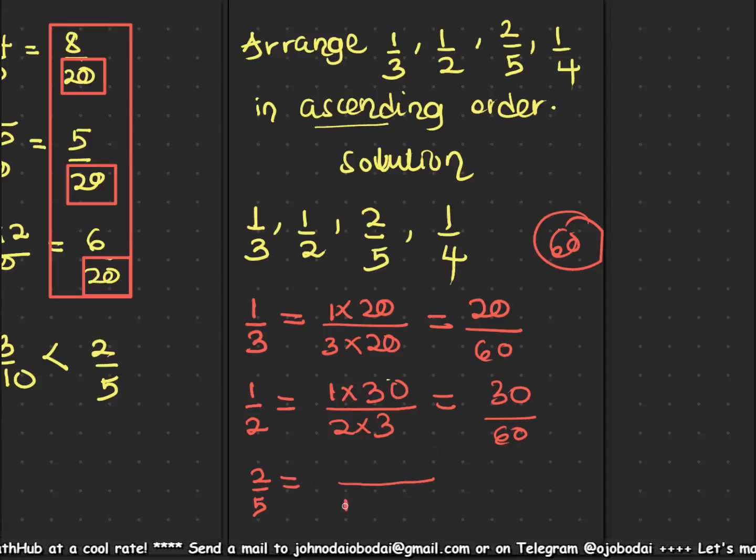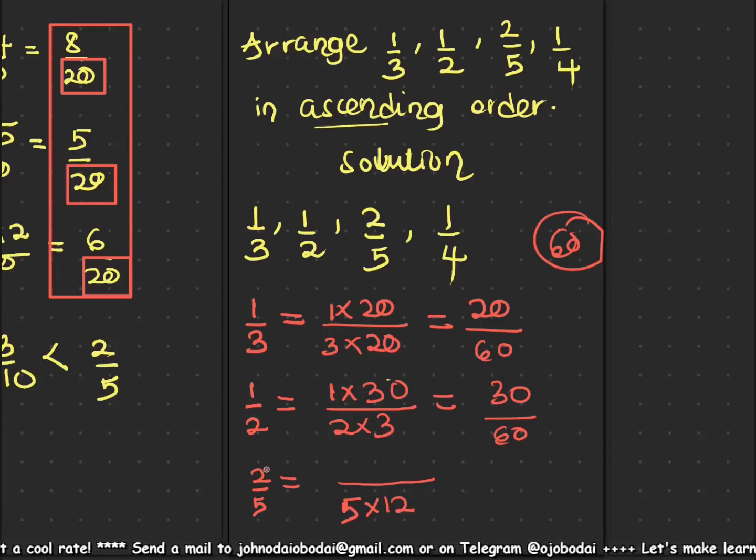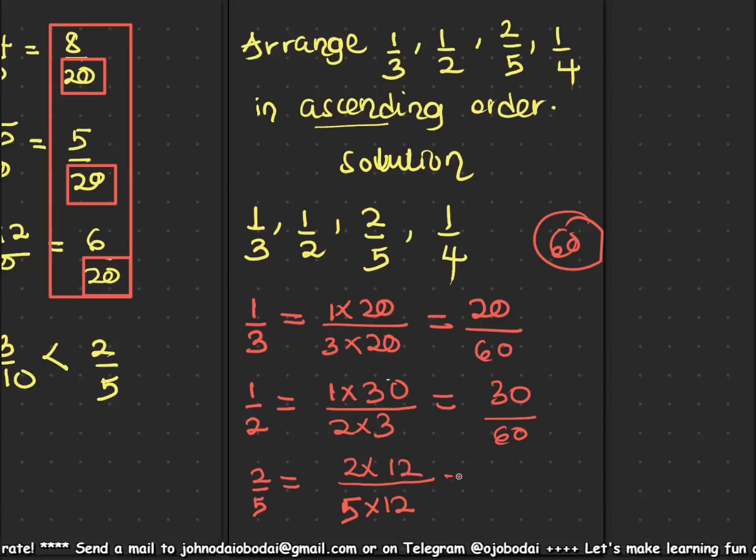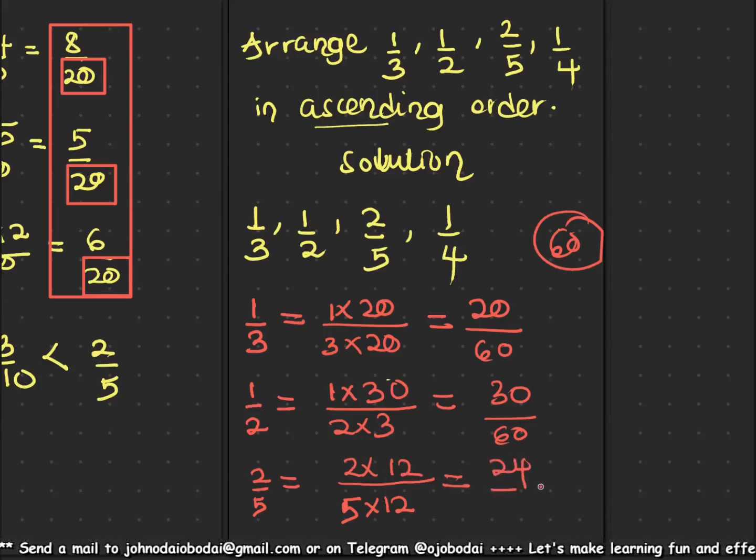So we multiply 5 by 12 and also multiply 2 by 12. And 2 times 12 we know gives us what? 24. 5 times 12 we know gives us what? 60.